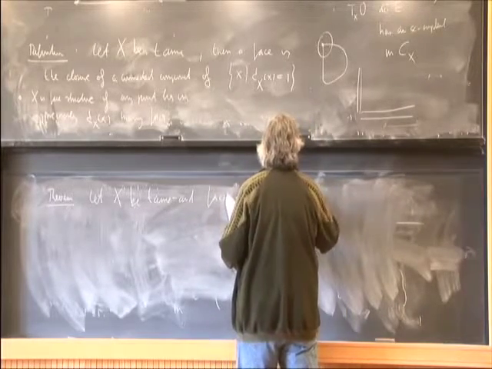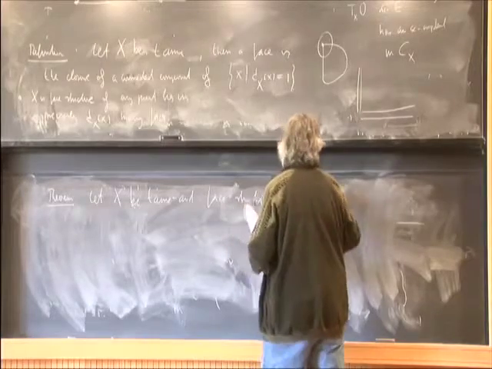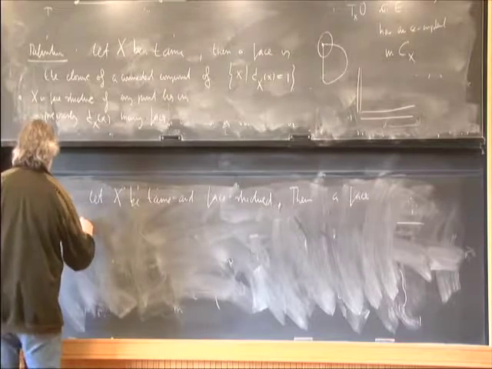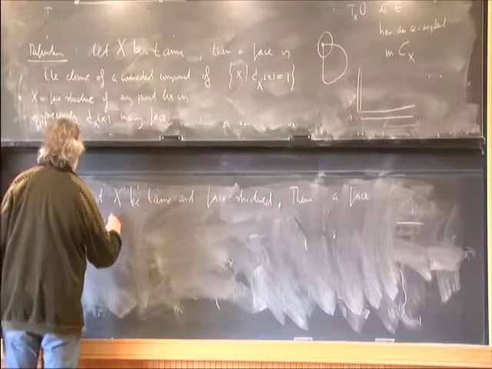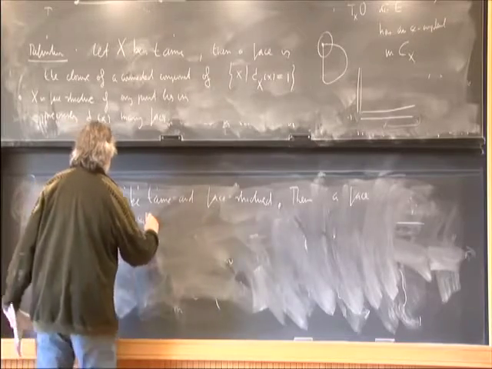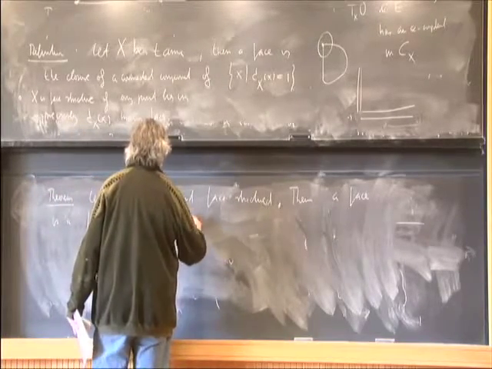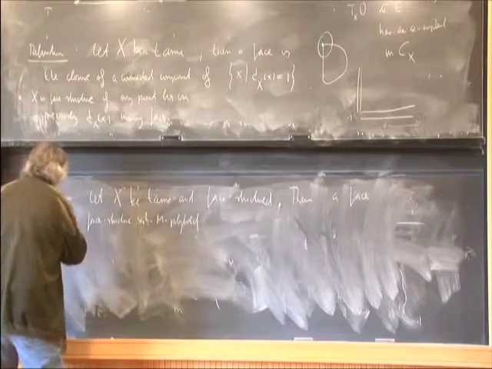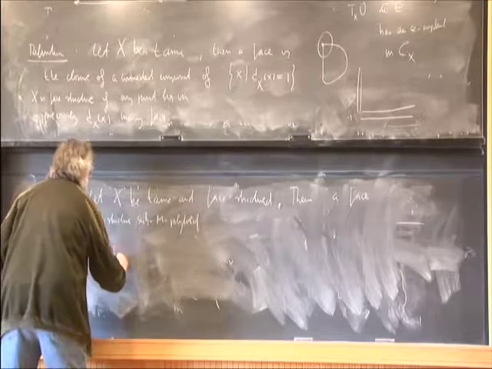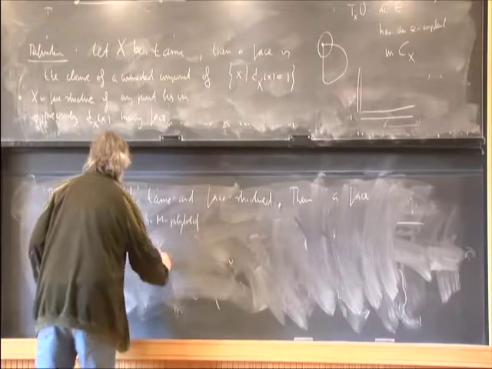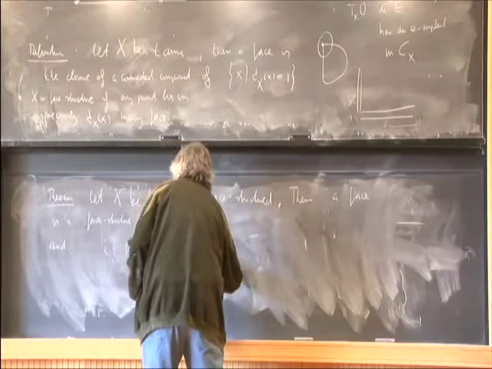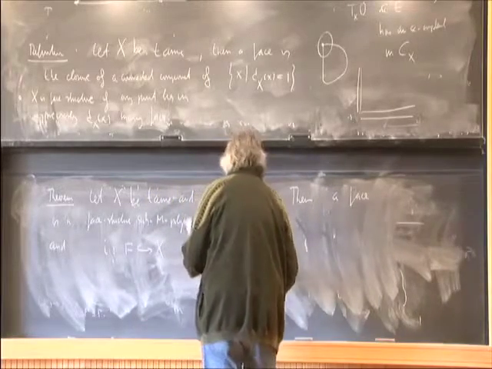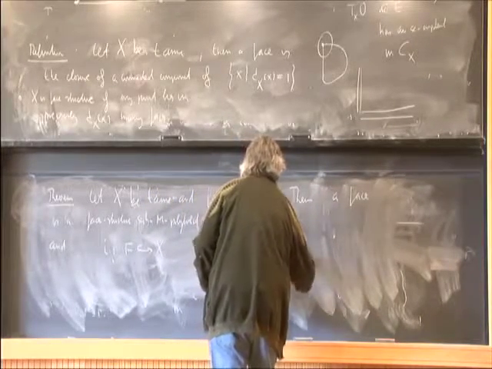Then a phase is a phase structured sub-M-polyfold, and if I take the inclusion of a phase into X, obviously we have d_X of I of x is d_F of x plus 1.